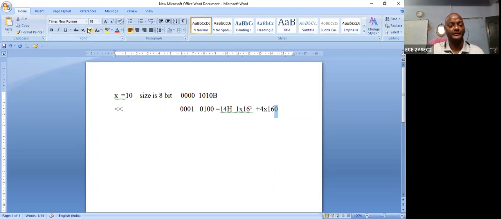So that's why 1 into 16 is equal to 16. 16 plus 4 is equal to 20.